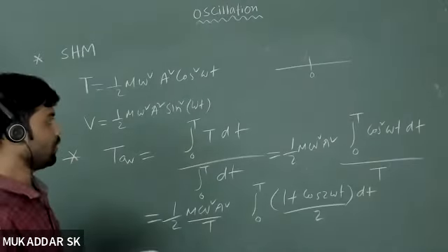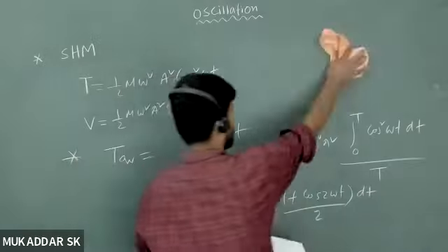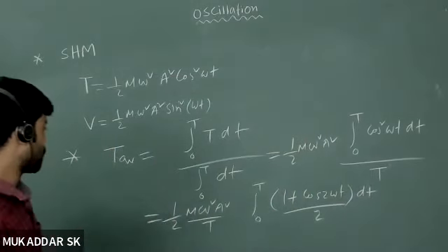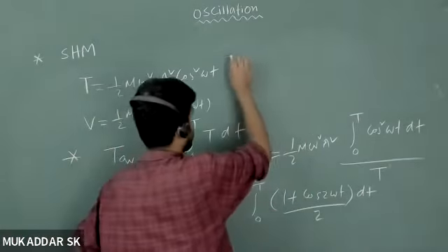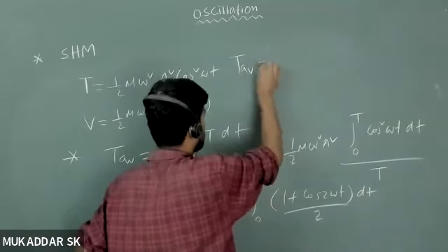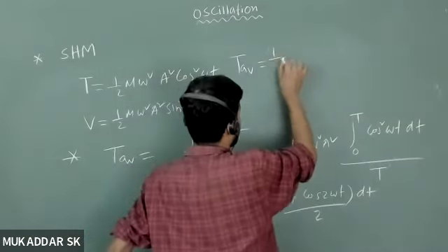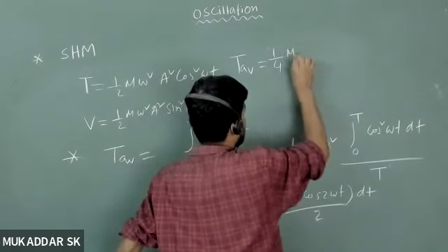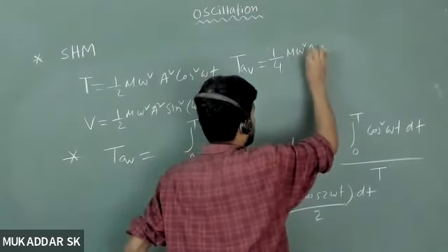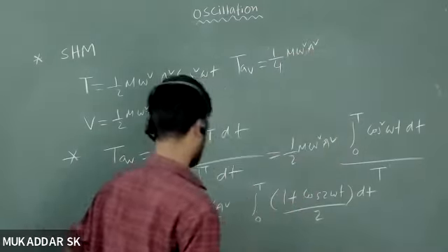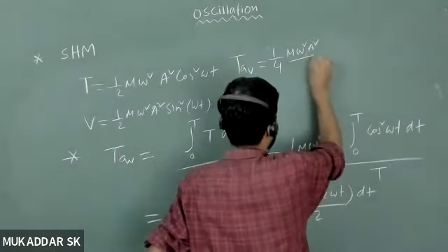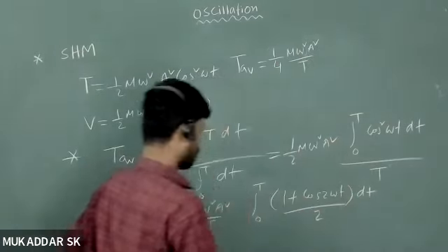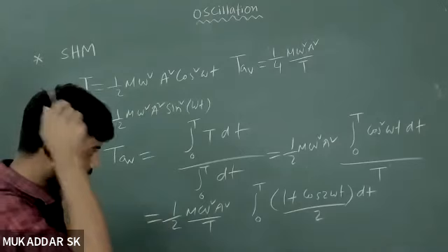Is this part clear to all? So now if you calculate it, average kinetic energy T average will become 1 by 4 m omega square a square divided by T.